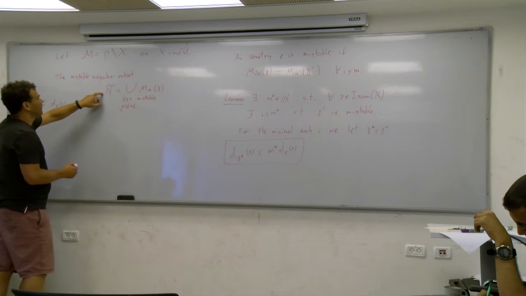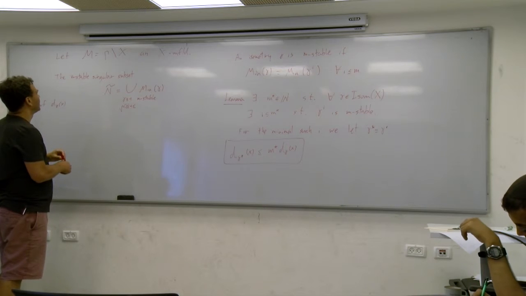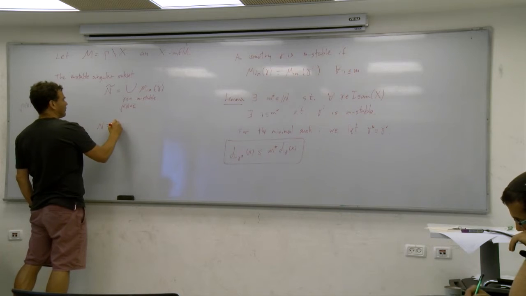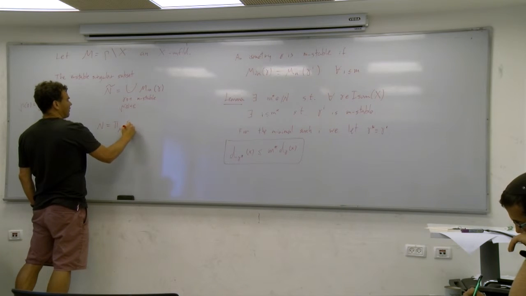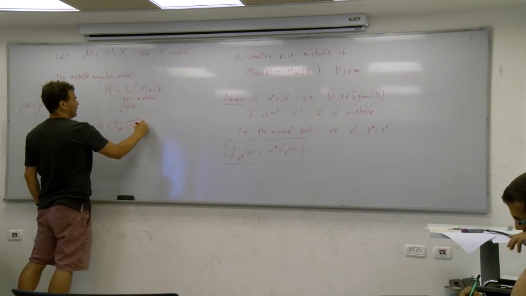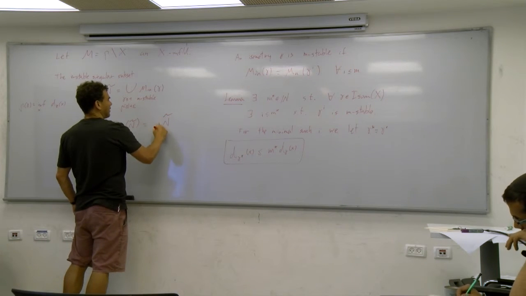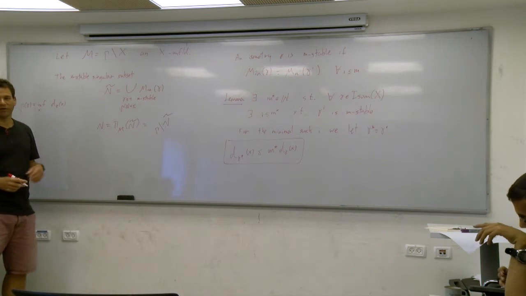And this is the stable singular subset, and I denote by N the quotient of N tilde, N tilde divided by Gamma. So N tilde is Gamma-invariant, and I can divide it.